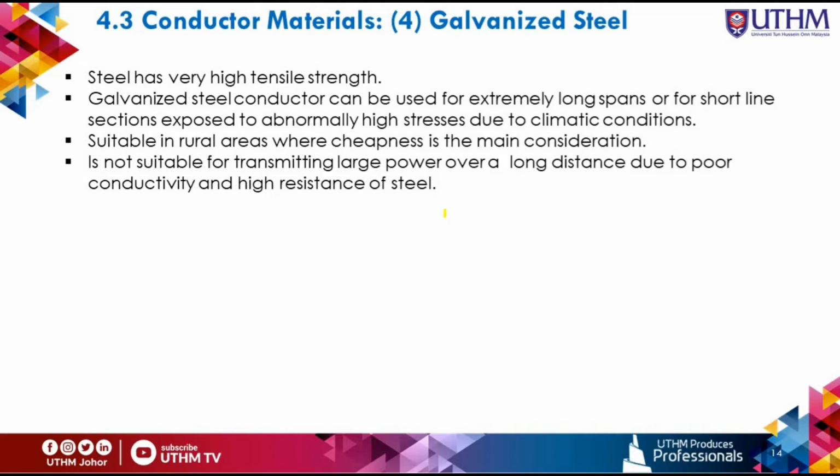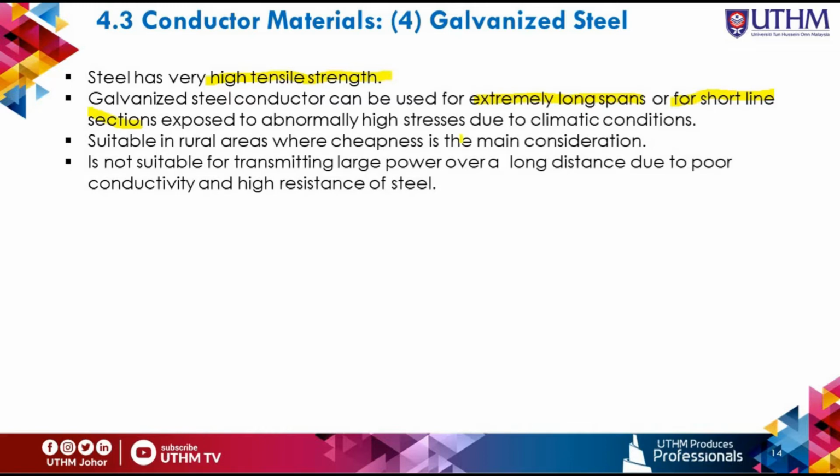And then the fourth is galvanized steel. Steel has very high tensile strength. So galvanized steel conductor can be used for extremely long spans or for short line sections exposed to abnormally high stresses due to climatic conditions.